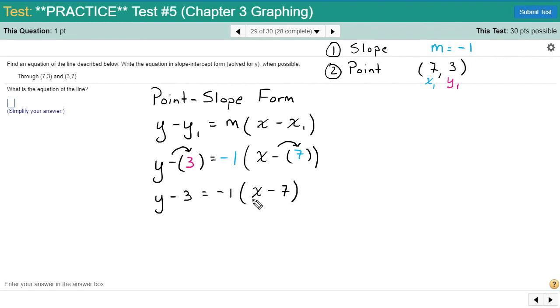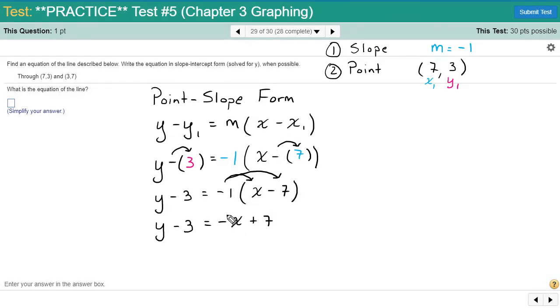And we're almost there now. We can continue to clean up the right-hand side by getting rid of the parentheses through distribution. So let's distribute. So on the left, we still have y minus 3 is equal to, now that we distribute, -1 times x is simply -x. -1 times -7 gives us a +7.